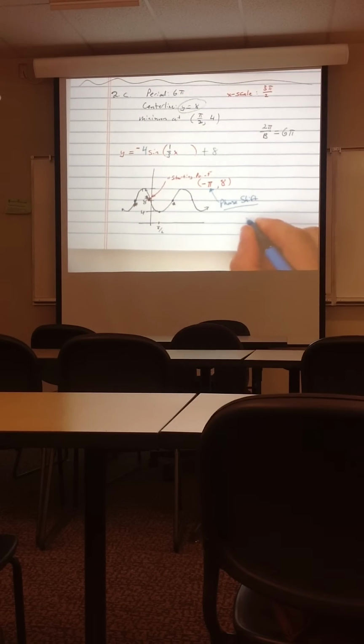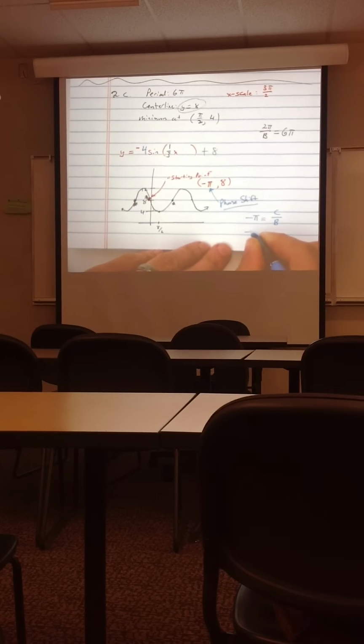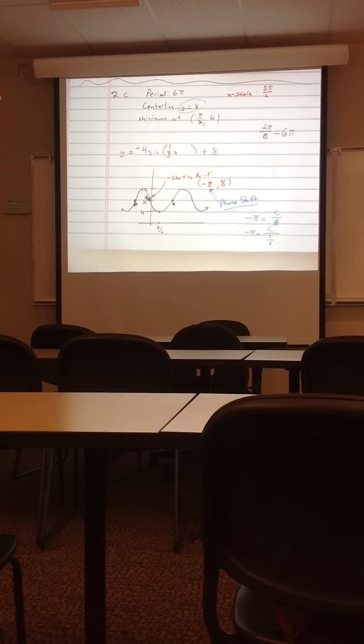So now we can set negative pi equal to c over b. But we already know b is 1/3. So we got negative pi equals c over 1/3. C equals. So what does c equal? Negative 3 pi or negative pi over 3?